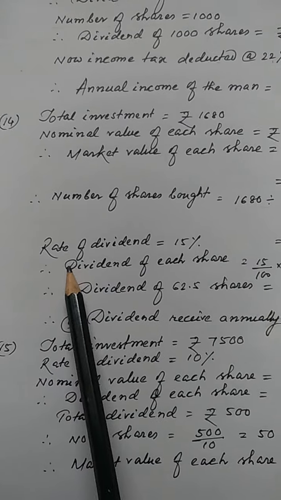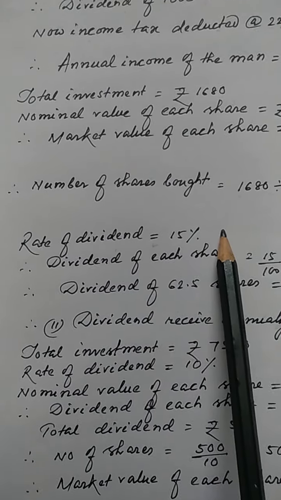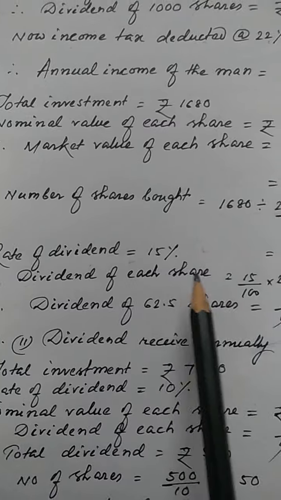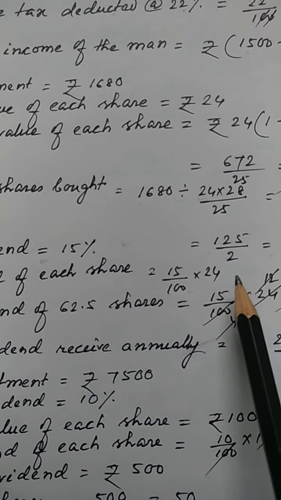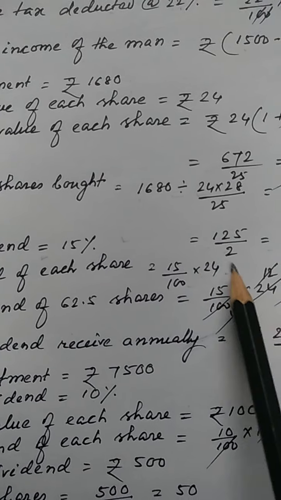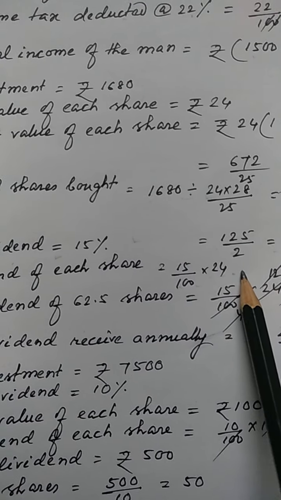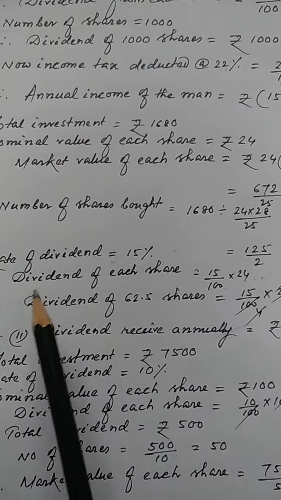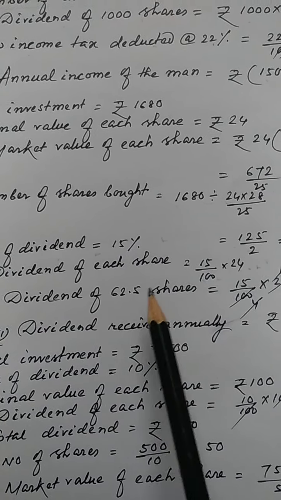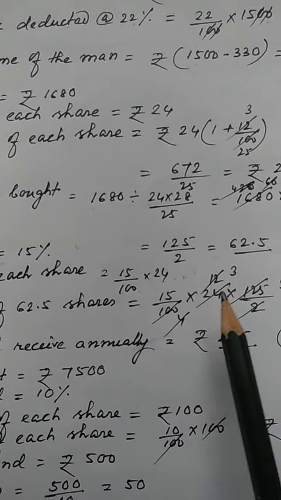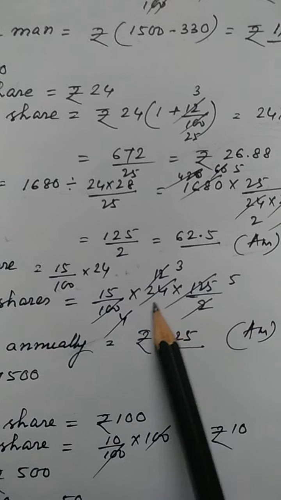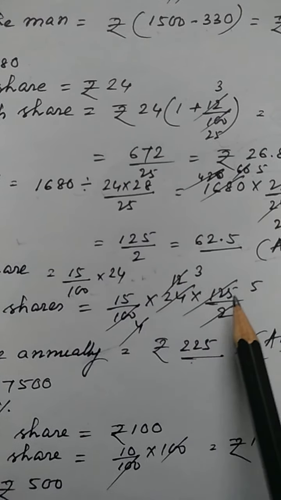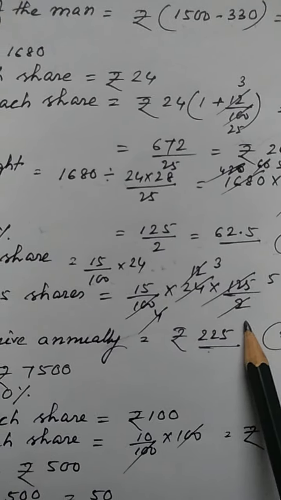Now here the rate of dividend is 15%. Therefore dividend of each share will be 15% of the nominal value, that is 24 rupees. So 15 by 100 into 24, and then total dividend, that is dividend of 62.5 shares, will be 15 by 100 into that 24 into 125 by 2.